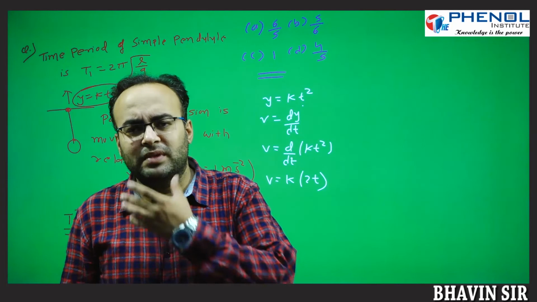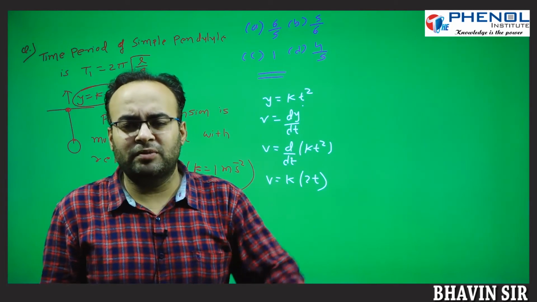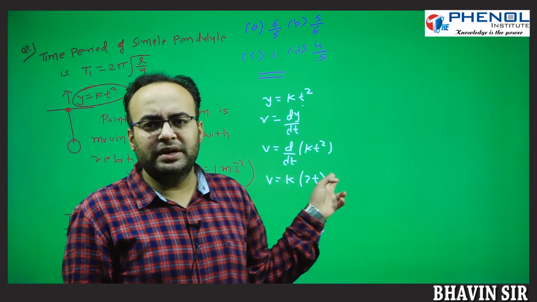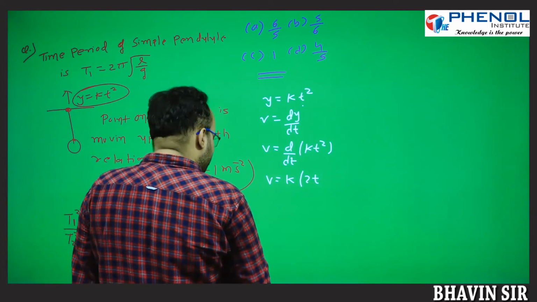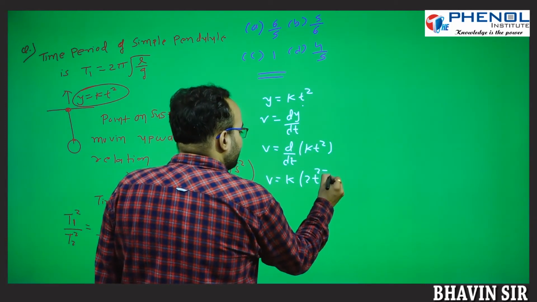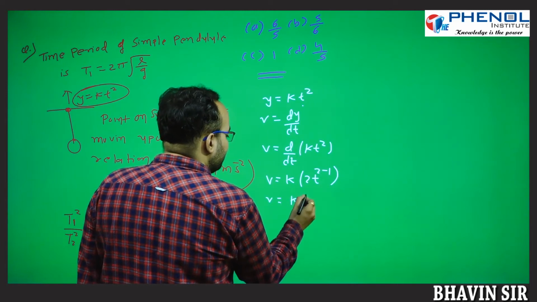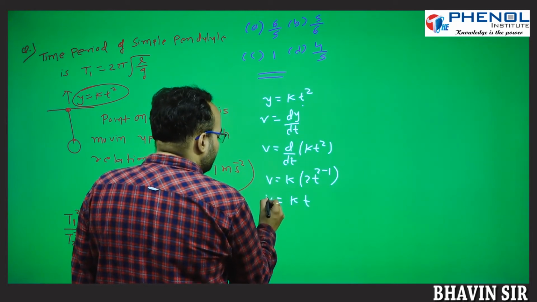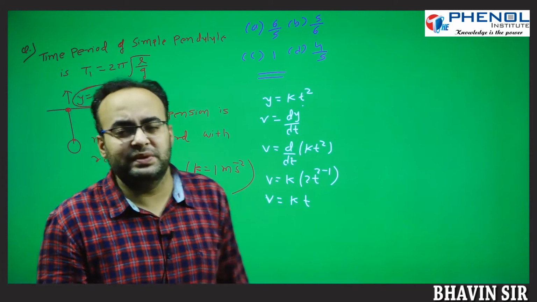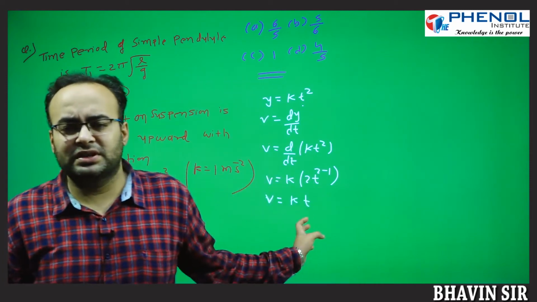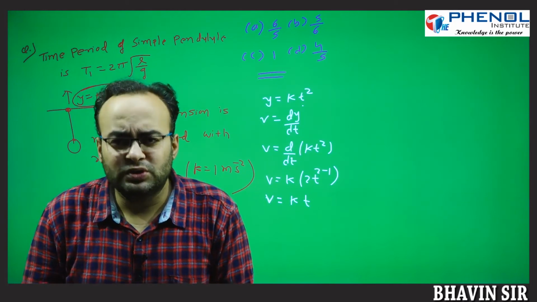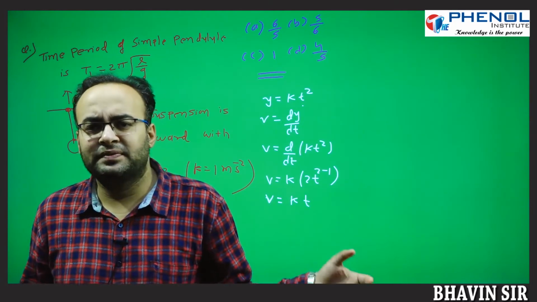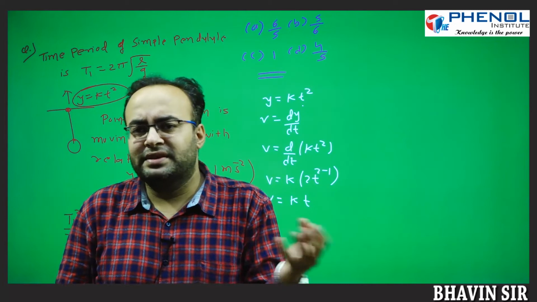Simple: multiply with the power and subtract 1 from the power. So the velocity is 2kt, and this velocity also changes with time. So when velocity changes, acceleration is produced.